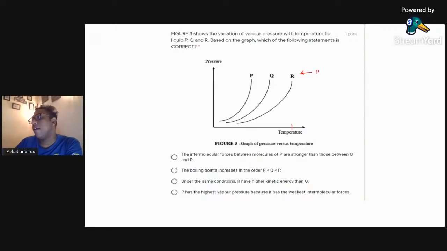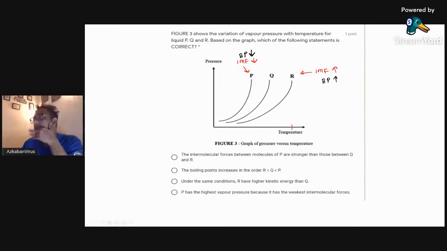Bermaksud dia punya IMF kuat. Ini IMF dia lemah. Okay, itu yang pertama. Yang kedua, kalau IMF kuat, bermaksud dia punya boiling point dia pun tinggi. Ini boiling point dia pun rendah. Ini yang kita boleh dapat di graf ni.